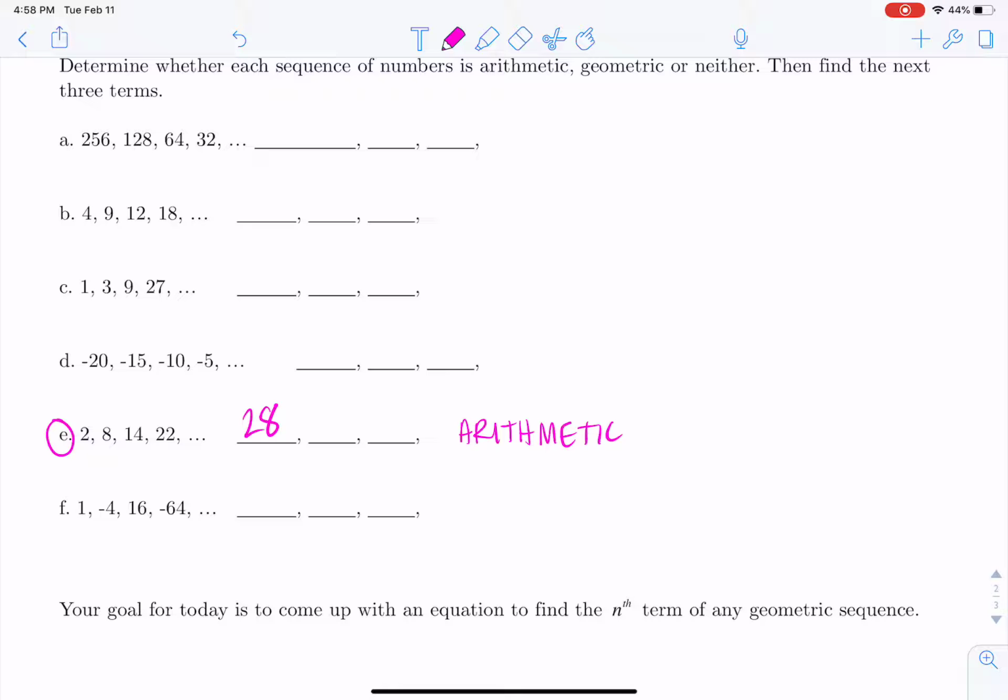And if I add 6, I'll get 34, and plus 6 will give me 40. So I'm just going to give you a little refresher on these arithmetic sequences: my common difference in this case is 6, and u of 1, which was my notation for the first term, is 2.